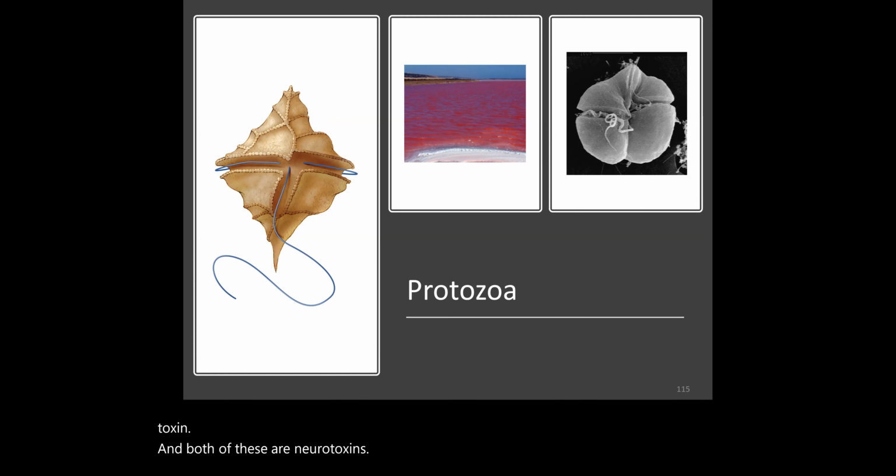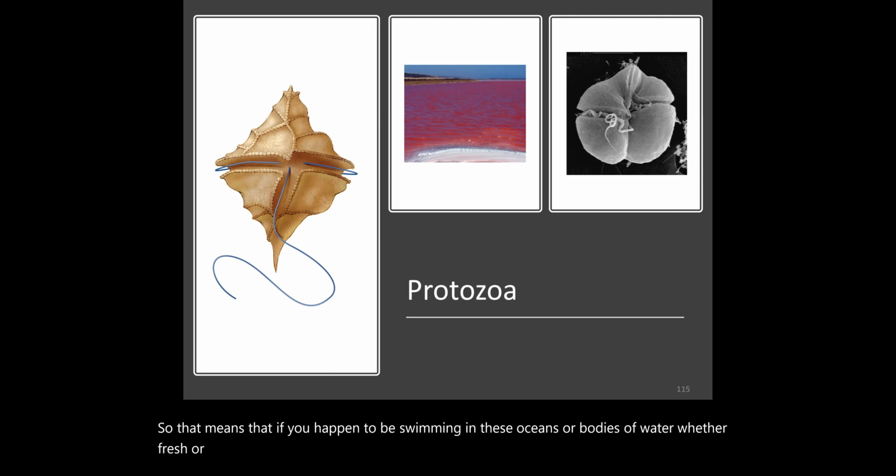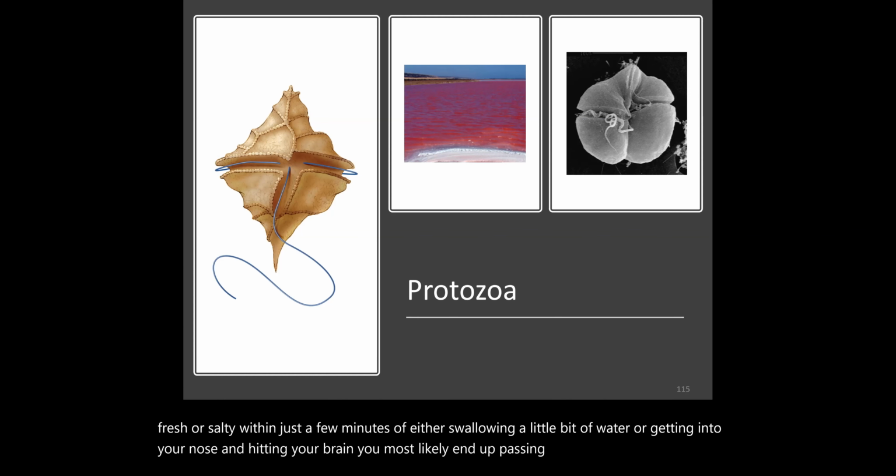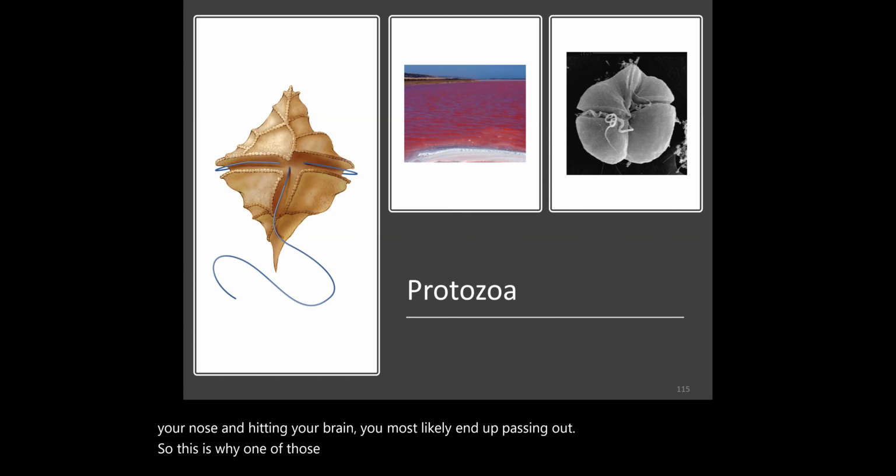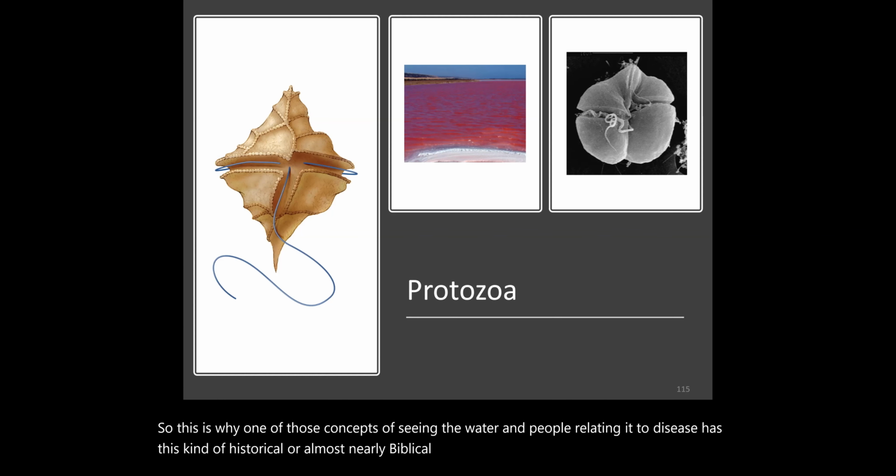So that means that if you happen to be swimming in these oceans or bodies of water, whether fresh or salty, within just a few minutes of either swallowing a little bit of the water or it getting into your nose and hitting your brain, you most likely end up passing out. So this is why one of those concepts of seeing the water and people relating it to disease has this kind of historical or almost nearly biblical association with that particular organism too.